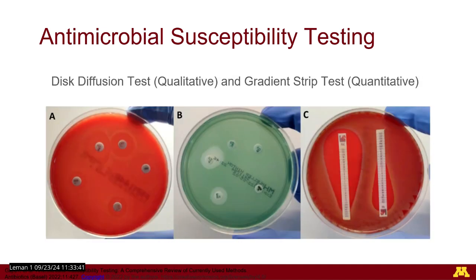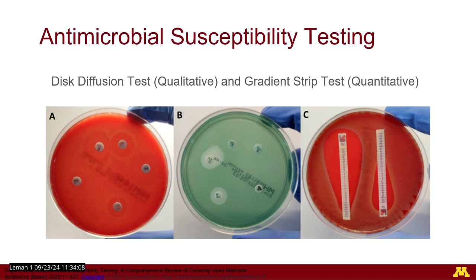All right, so maybe many of you are familiar with this style here. The 2 on the left are disk diffusion tests, and then the one on the right here is a gradient strip test. And so you get a homogeneous growth of bacteria on the plate, and then you introduce antibacterial impregnated either discs or strips that have gradients, different concentrations as you go along.